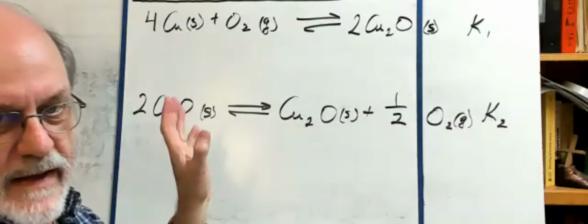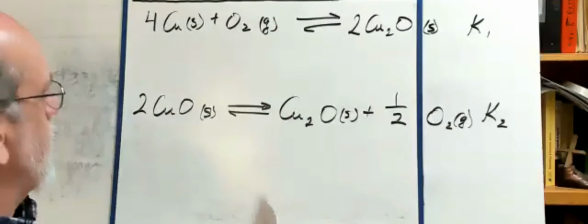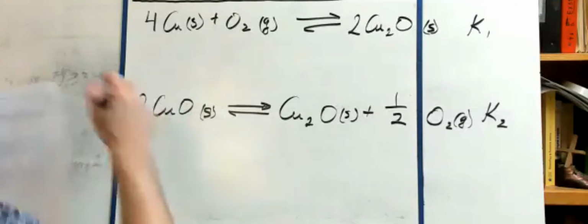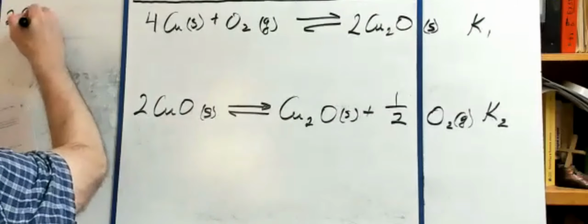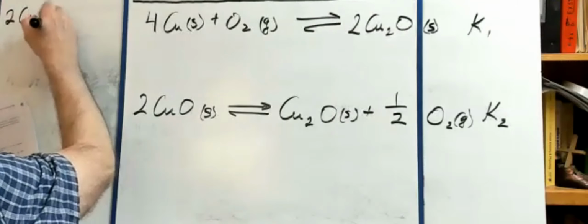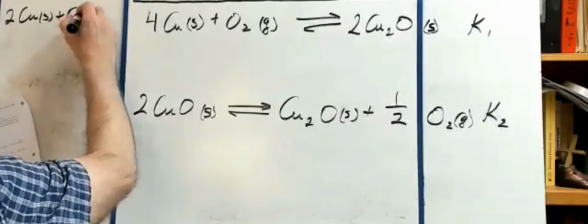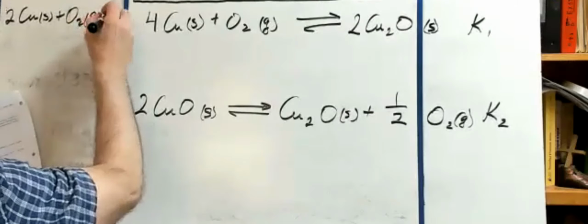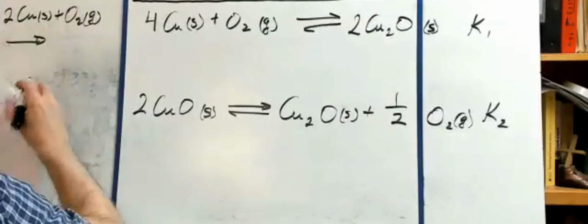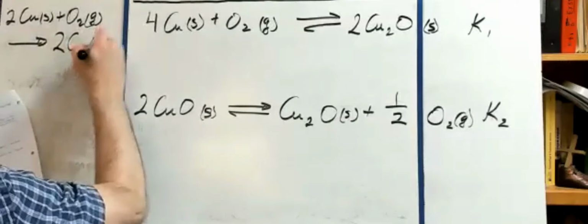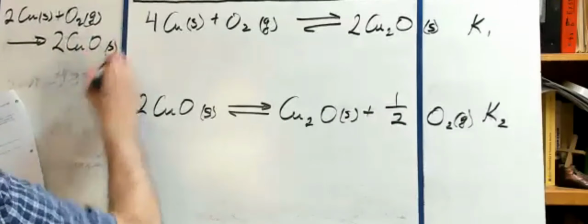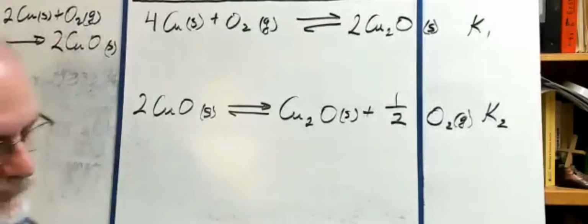Oh, and we need a target equation. So the target is going to be 2 copper plus oxygen gas yields 2 CuO solid. That's our target.